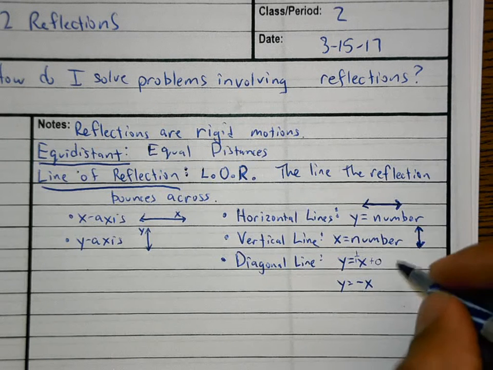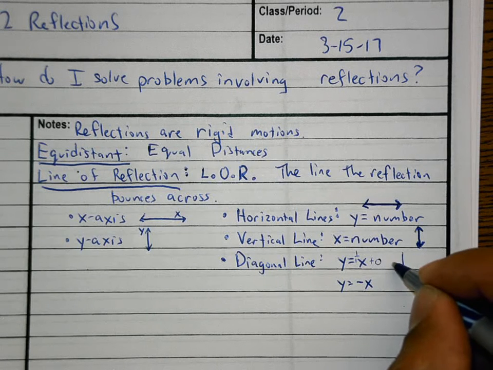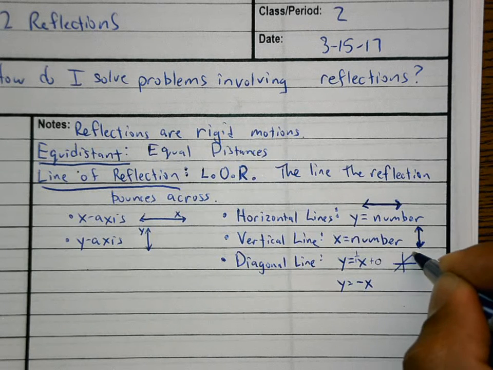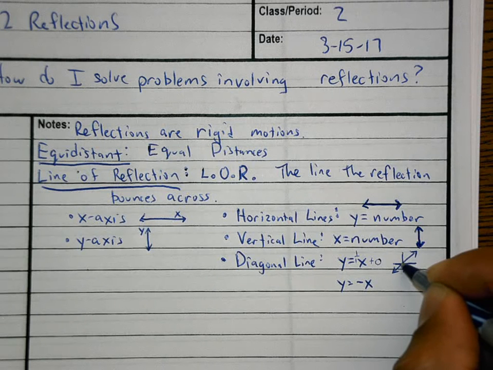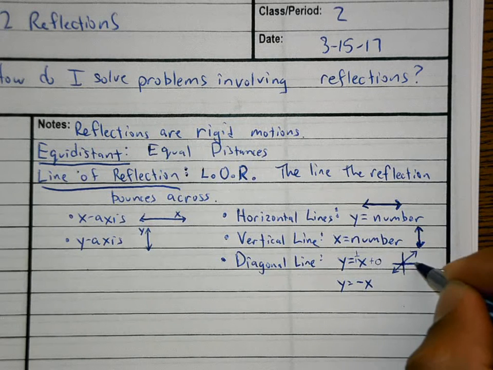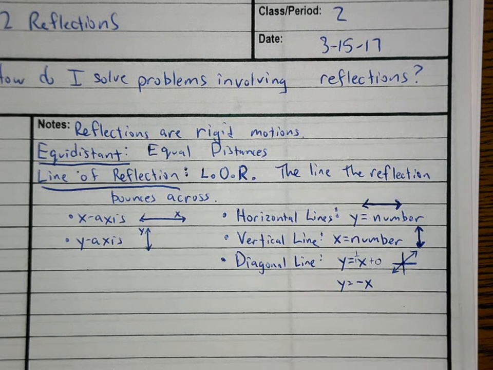So your diagonal line of y equals x goes perfectly through the origin, up and to the right. It would be 1, 1, and then 2, 2, and 3, 3. Every x is the same thing as the y.